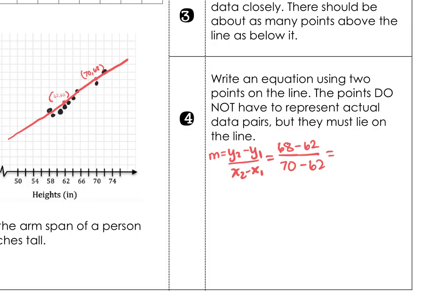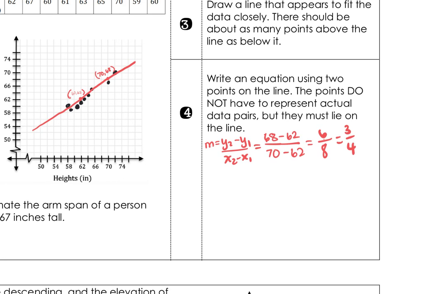So my slope, 68 minus 62, would be 4. 70 minus 62 would be 8, and then that 4 over 8 would be 1/2. What did I do? Oh, sorry. Okay. So I would get 6 over 8, which would reduce down to 3 over 4. Very good, thank you, sorry.